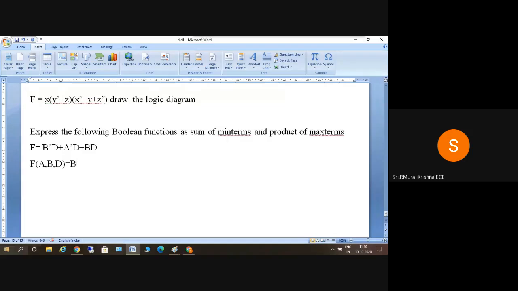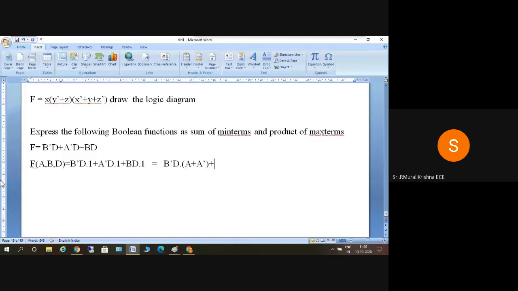Okay, so each and every term is multiplied with 1. So B bar D into 1, plus A bar D into 1, plus BD into 1. Missing terms should be replaced here. So in B bar D into 1, A is missing here, so it is A plus A bar.